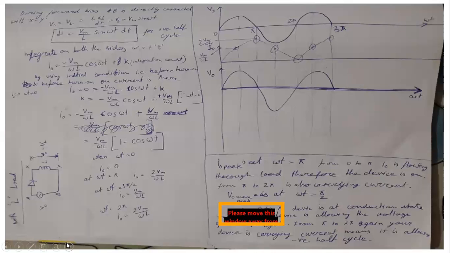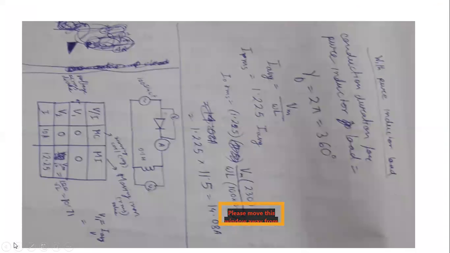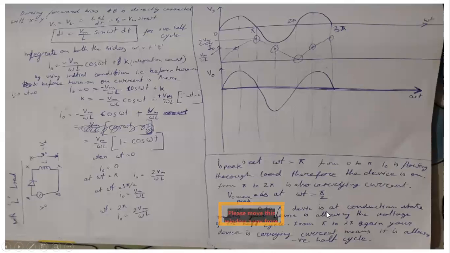V naught max or V naught peak is at omega t equal to pi by 2.